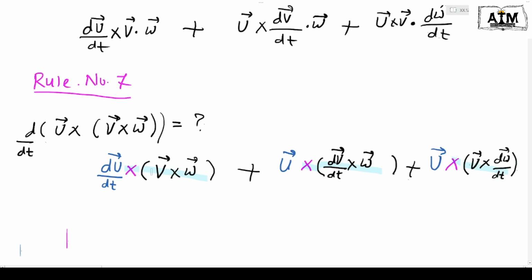So according to rule number 7, the derivative of u cross v cross w equals du by dt cross v cross w plus vector u cross derivative of vector v with respect to t cross w plus vector u cross vector v cross derivative of vector w with respect to t.